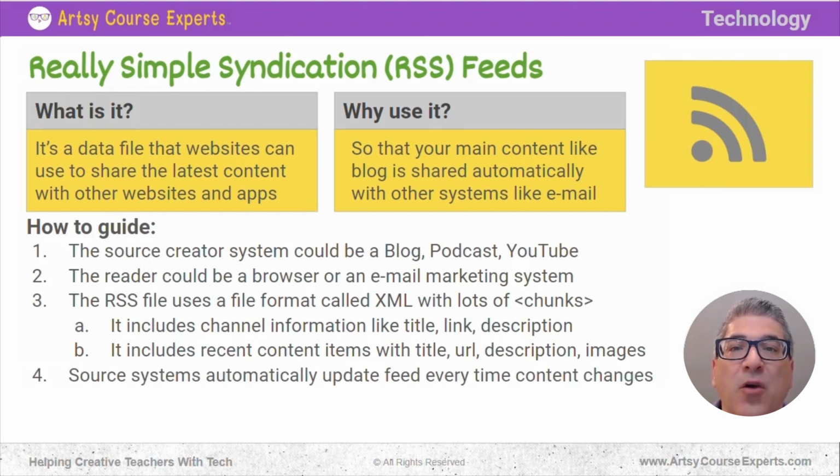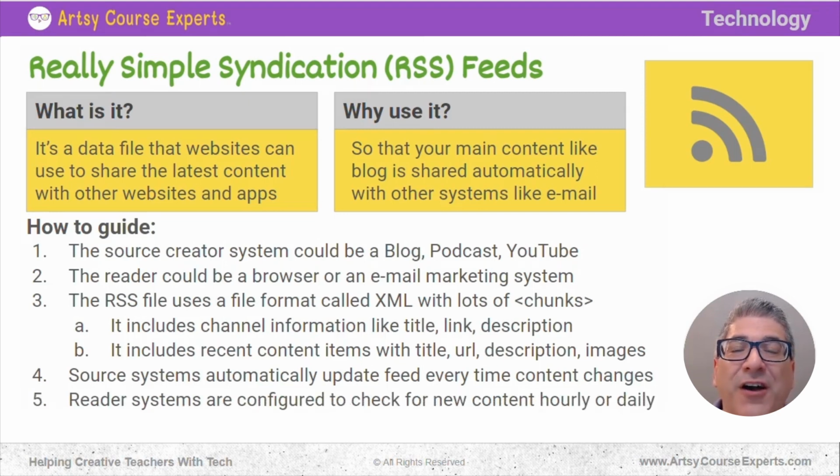Source systems like WordPress would automatically update your feed every time you publish or update your articles. Subsequently, reader systems are configured to check the content maybe every hour or every day.